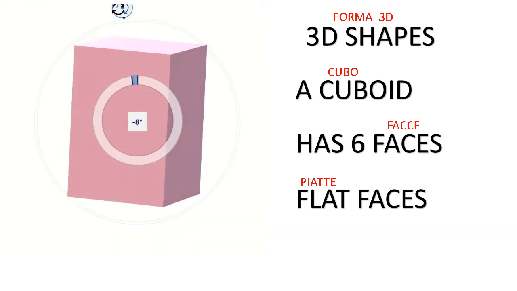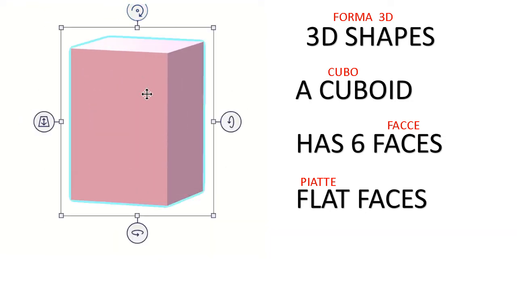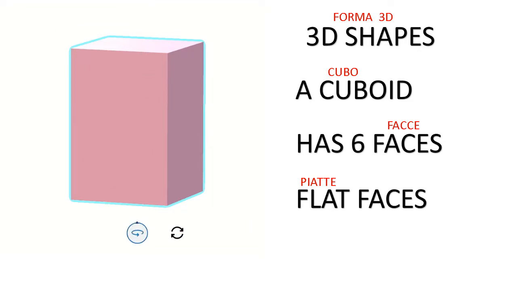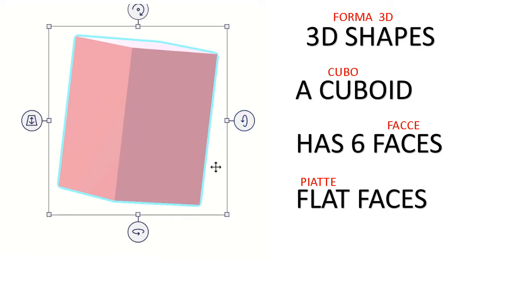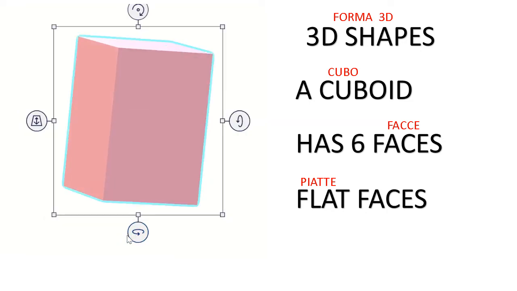It's called a cuboid, and it's a sort of box shape. It has rectangular faces and square faces, and it has 6 faces like a cube, and all the faces are flat.